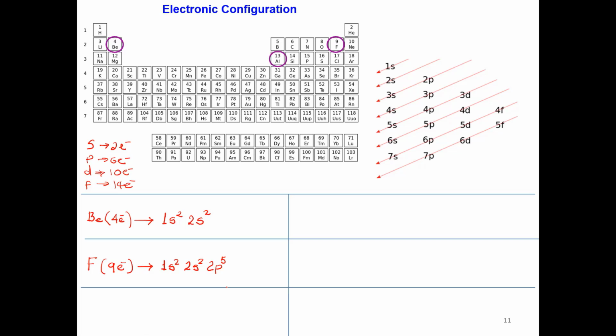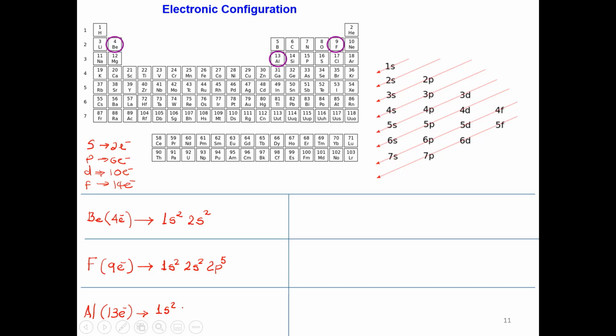Now let's write for aluminum. For aluminum, we have 13 electrons. Then we start from right to left, from the innermost orbital, which is 1s2, because here we have 2 electrons.